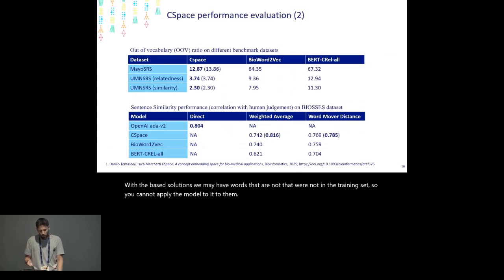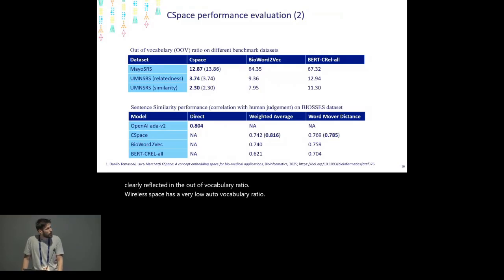Other models like Bio-Word2Vec and Bert Krell-Hall encode few single words, and this is clearly reflected in the out-of-vocabulary ratio, while CSpace has a very low out-of-vocabulary ratio.